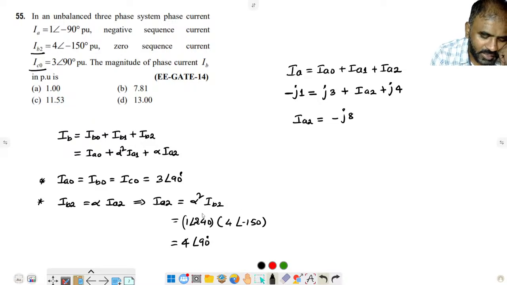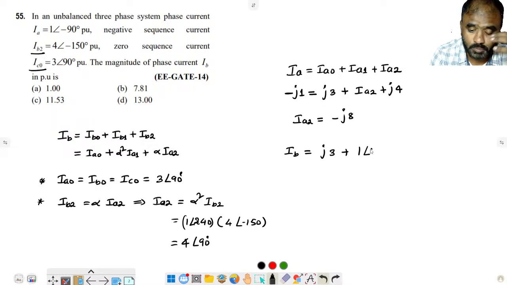So you got IA naught, IA1, IA2. Then what is the IB formula? Let's substitute directly from here. IA naught is j3, otherwise 3 at an angle 90, plus alpha square, which means 1 at an angle 240 or 1 at an angle minus 120, times IA1.